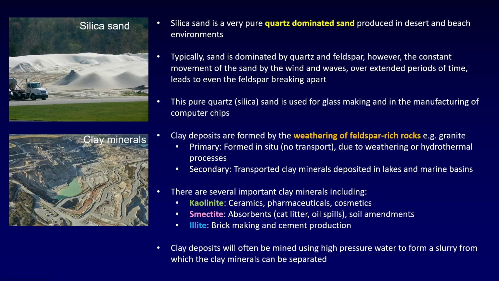So you have your granite, it weathers, and the clay minerals form and stay in the same location as the weathered granite. And the breakdown of the feldspars within the granite is going to be caused by simply the basic weathering process, or it could also be caused by hydrothermal fluids passing through the granite, causing the feldspars to break down and convert into clay mineral.